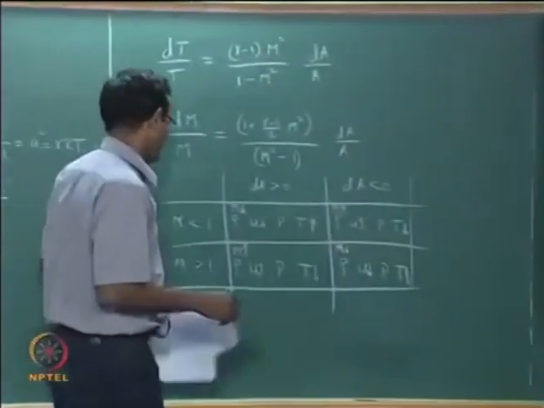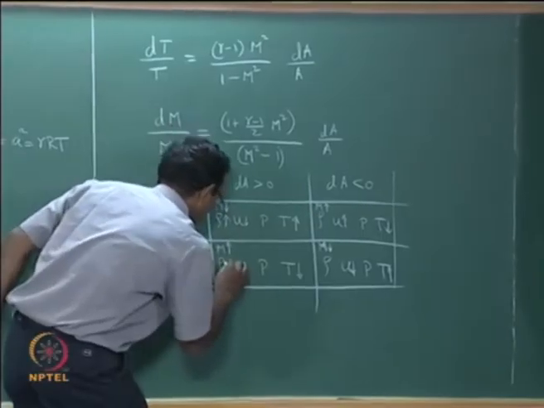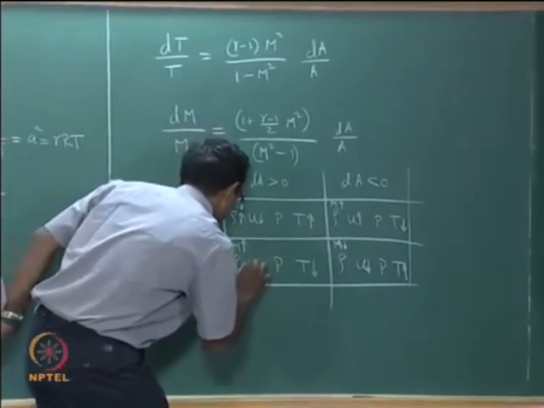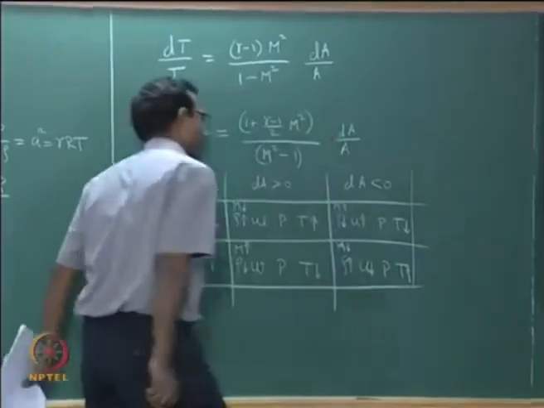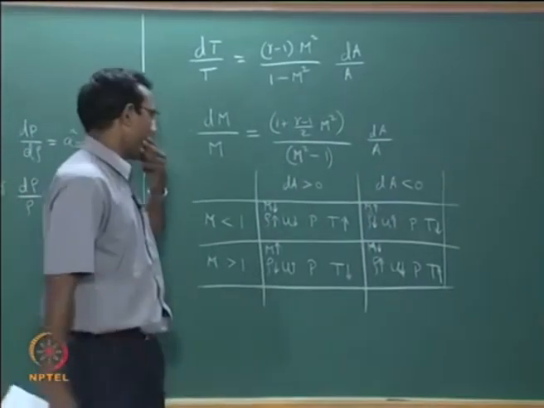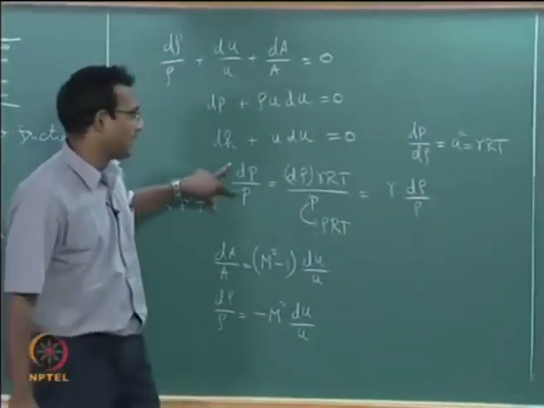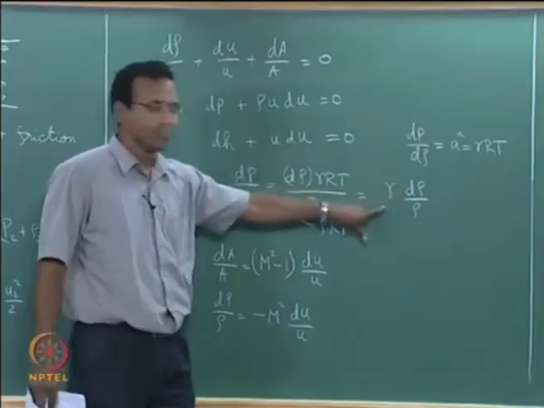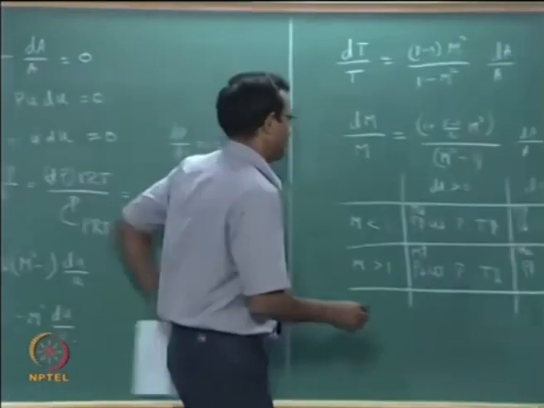If velocity increases, density decreases. So I can draw the same thing for this. And now we also did this dP by P and d rho by rho. dP by P is directly proportional to d rho by rho by a constant. Okay. So I can also tell it will be the same direction.